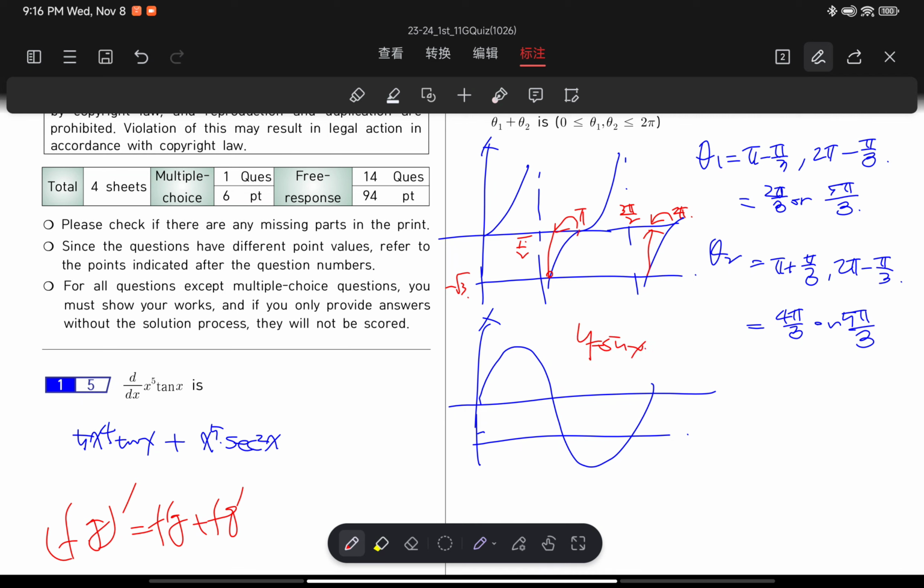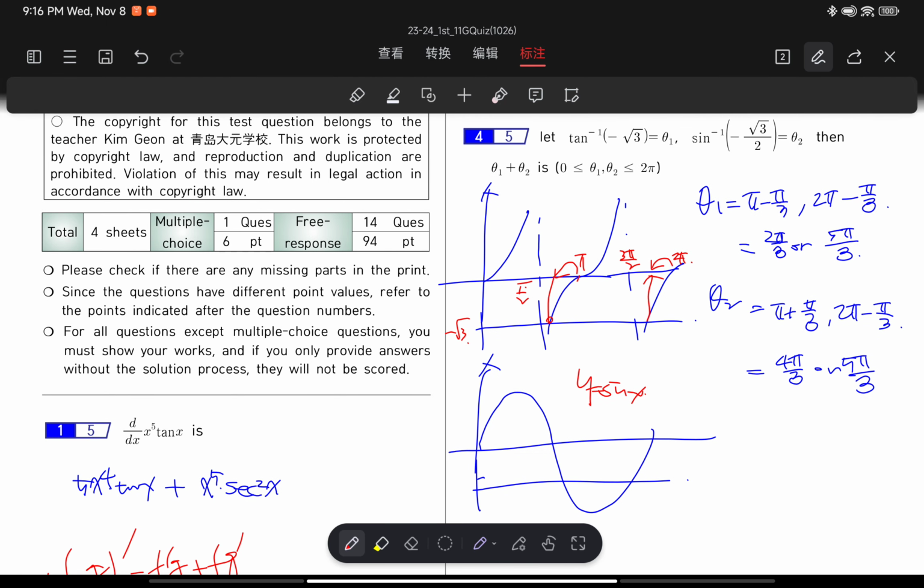And theta 2, here's y equals sine x. So here is the arcsine of negative square root 3 over 2. Also got 2 roots. So here is 2 pi, and here's pi.